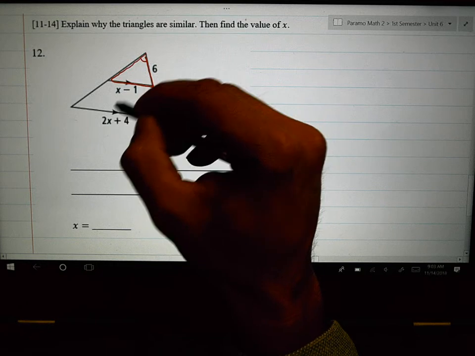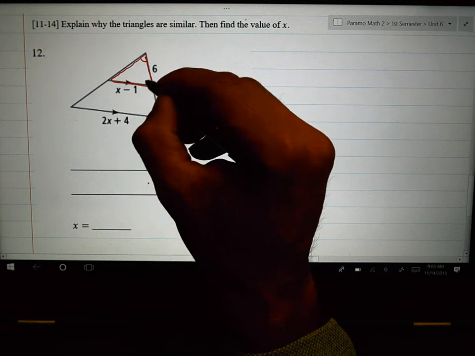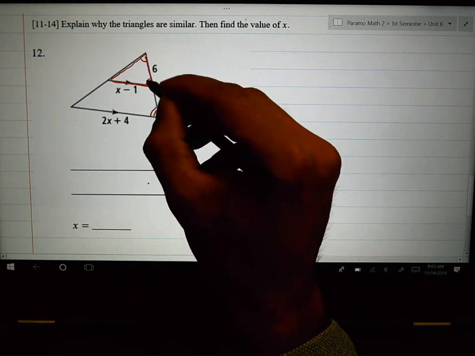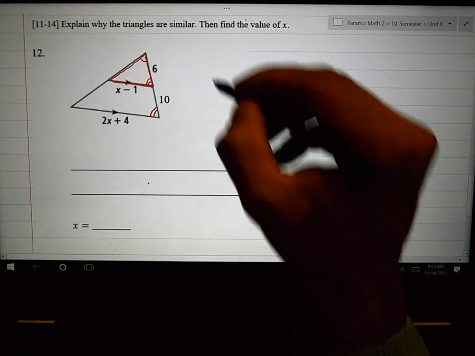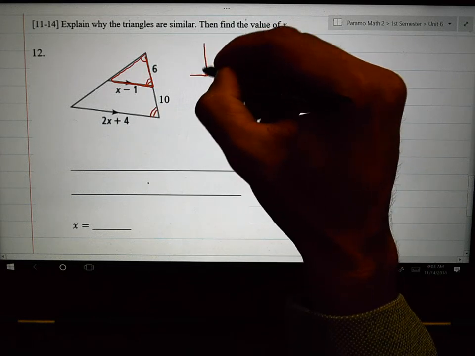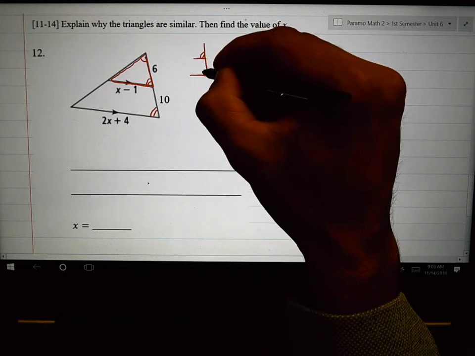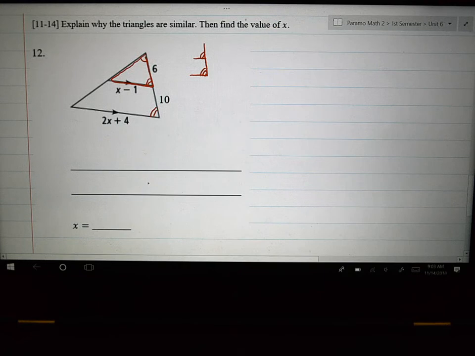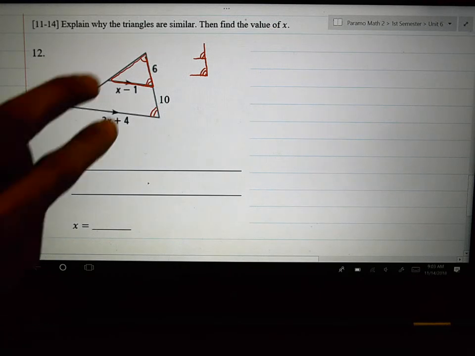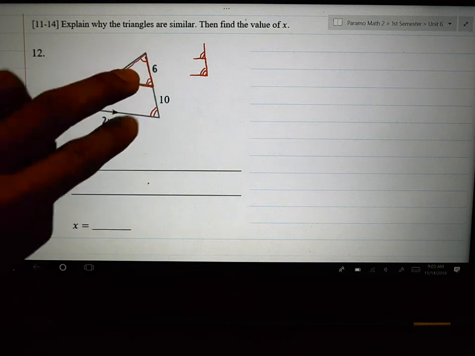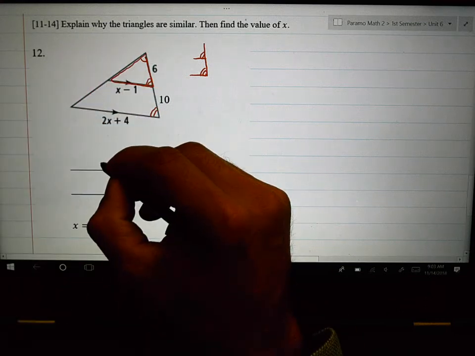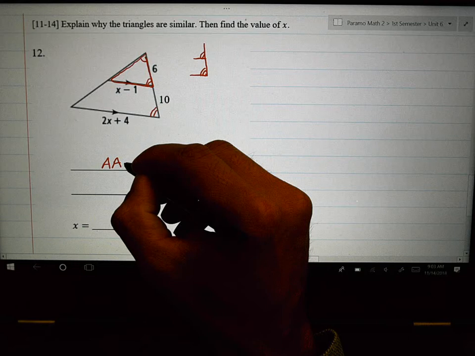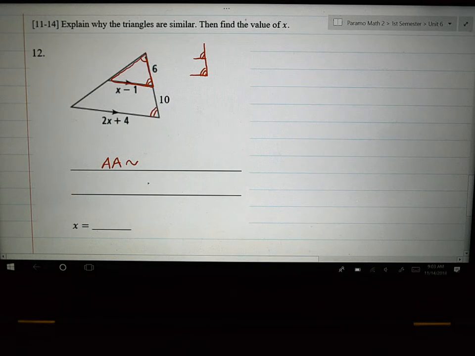Because they're parallel, the corresponding angles are going to be the same. The ones that make the F shape, because they're parallel, the ones inside that F are going to be the same. Which means these two triangles are similar by the angle similarity postulate.